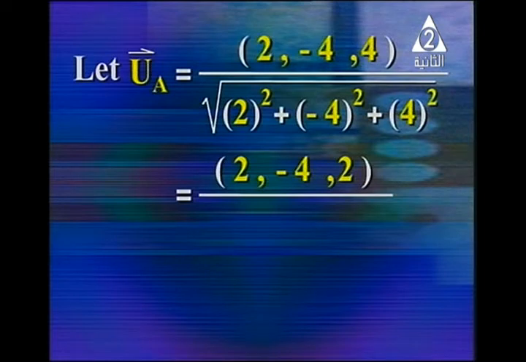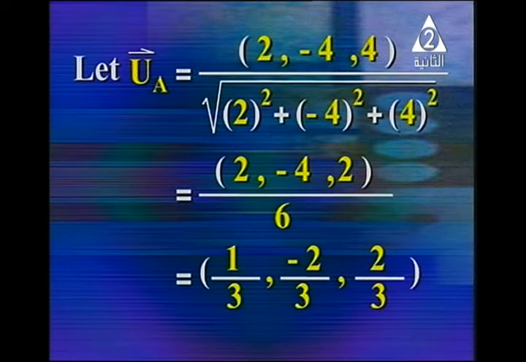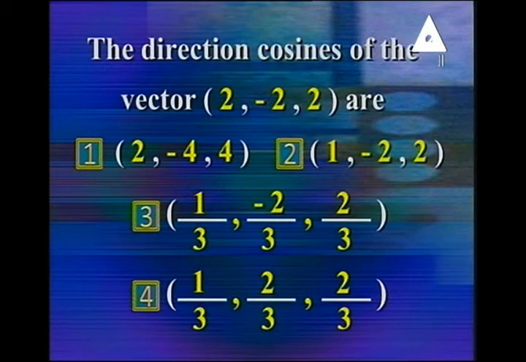The unit vector is 2, -4, 4 over square root of 2 squared plus -4 squared plus 4 squared, which equals 6. Divide each component over 6, then the answer is third, -2 third and 2 third. Then the correct answer is third, -2 third, 2 third.